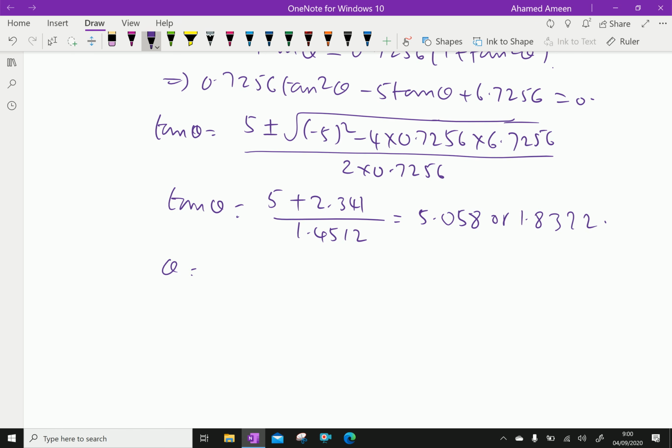Now we get theta having two values: tan inverse of 5.058 or tan inverse of 1.8837.